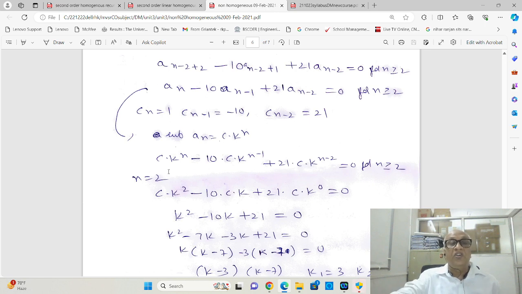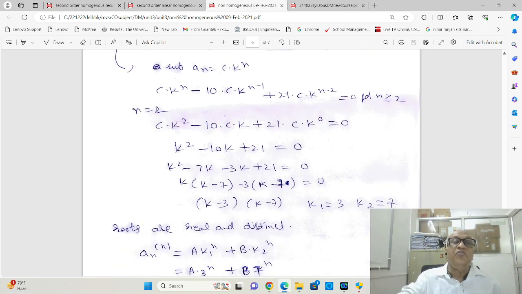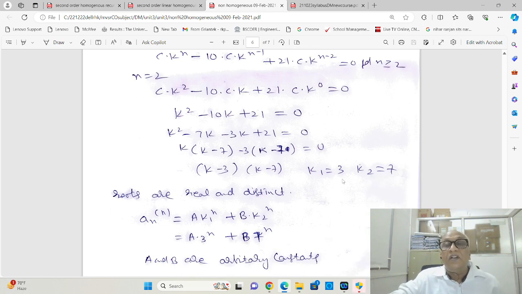As it is second order, we substitute n equal to 2, and that becomes k square minus 10k plus 21, because k to the power of 0 is 1. Simplifying this, we get the roots k1 and k2 as 3 and 7. So they are real and distinct.